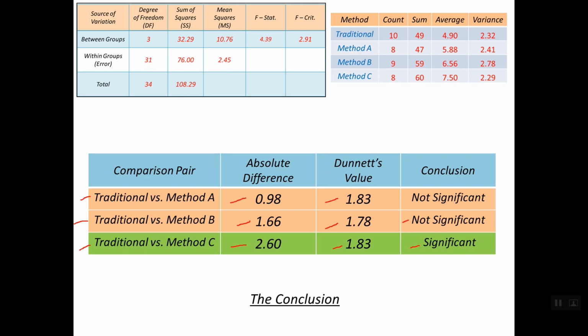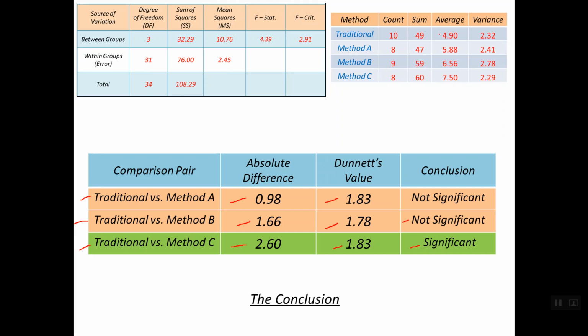In this case, we reject the null hypothesis and accept the alternative one, which states that the average for the traditional method is not the same as the average for method C. In order to check which is better, again we return to the table above.